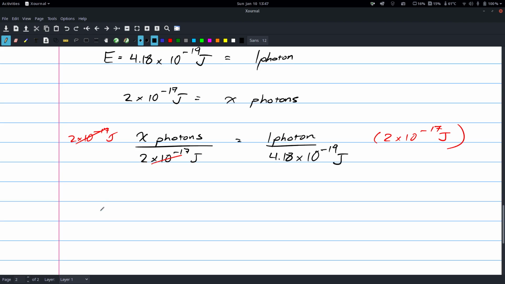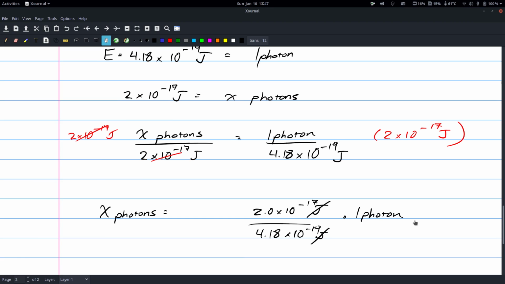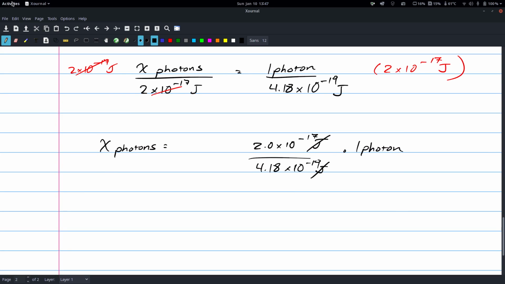So x photons is equal to 2.0 times 10 to the negative 17 joules divided by 4.18 times 10 to the negative 19 joules, times 1 photon. So the joules are going to cancel out, and you're going to be left in units of photons, which is what you want. So let's plug this into the calculator.